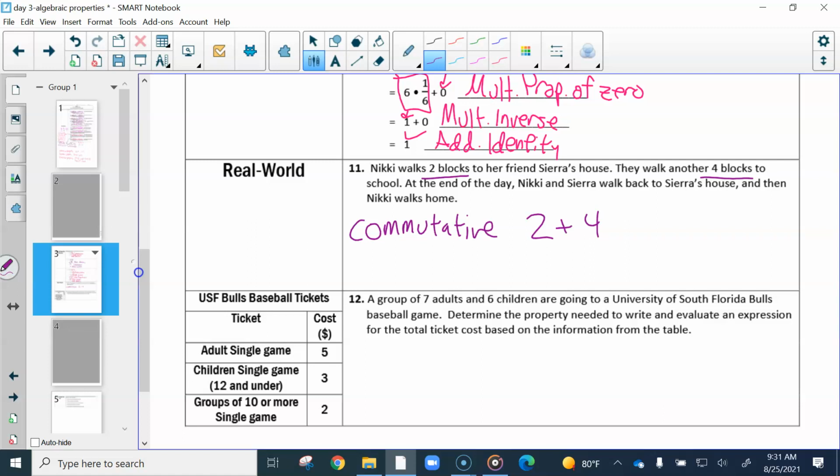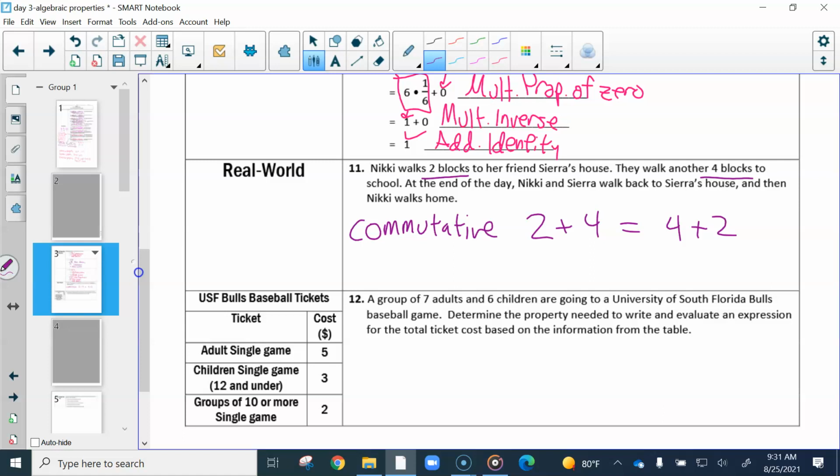And then on the way back, they basically do the opposite. So then they walk from the school back to Sierra's house. And then back. You could put an equal sign in between this. It is the same thing. But it really just wanted you to think about it.